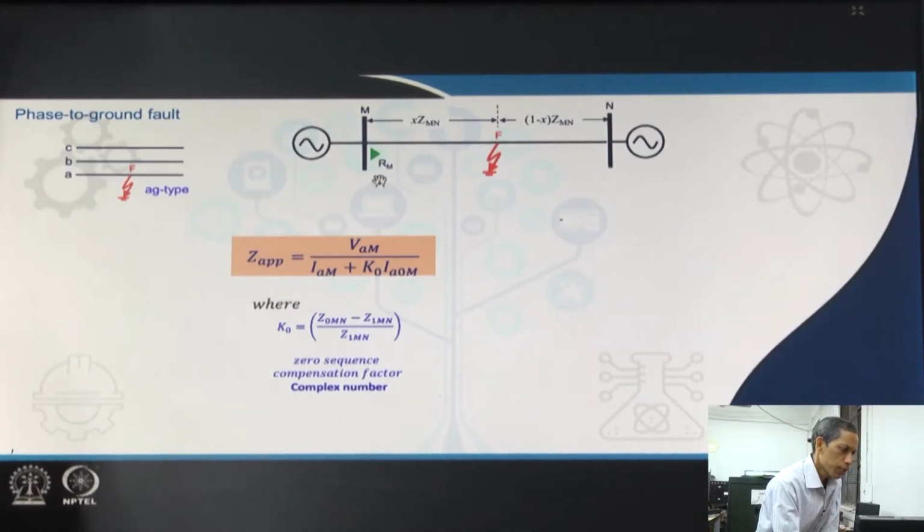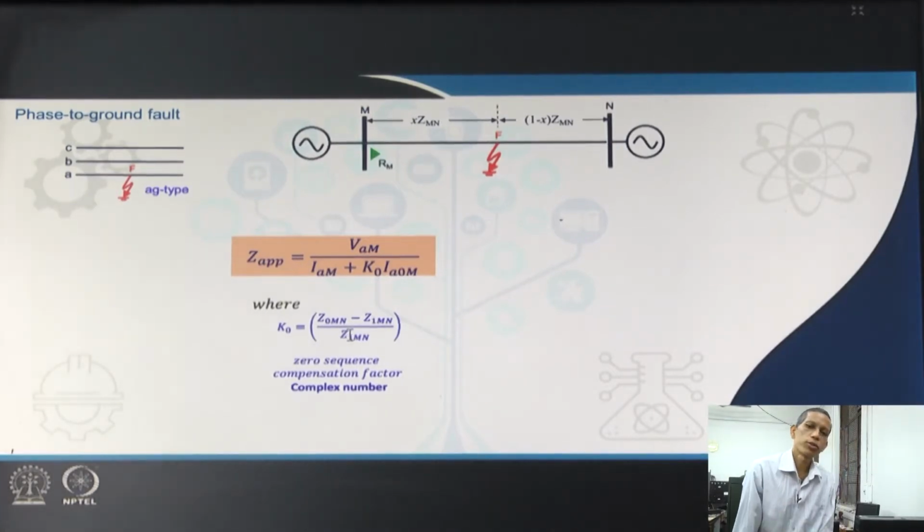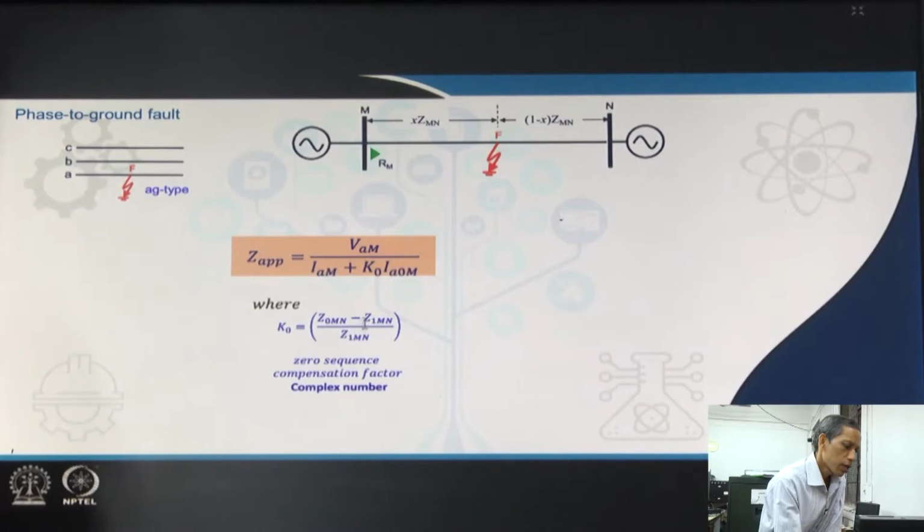So, we know that the Z apparent computed by the relay at this point is the V phasor of the faulted phase upon the faulted line current plus K naught times I naught, the zero sequence current, where K naught equals the zero sequence compensation factor, and that equals Z0 minus Z1 upon Z1, where 0 stands for the zero sequence component and 1 stands for the positive sequence component.